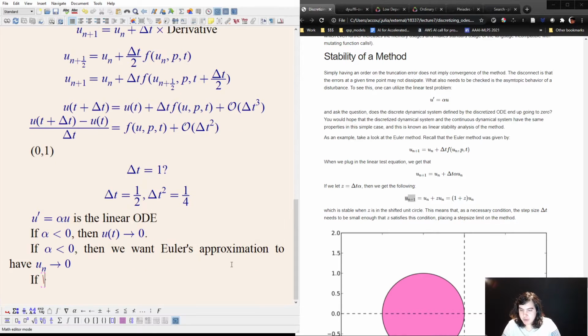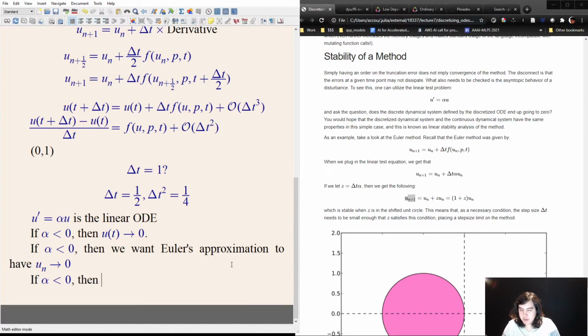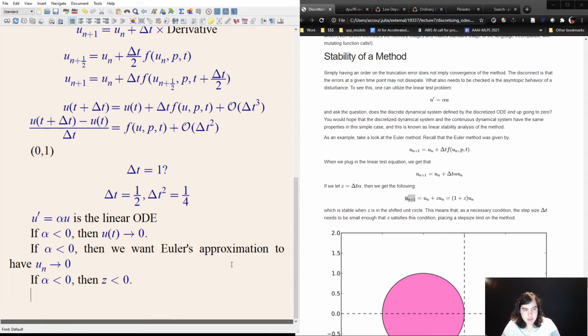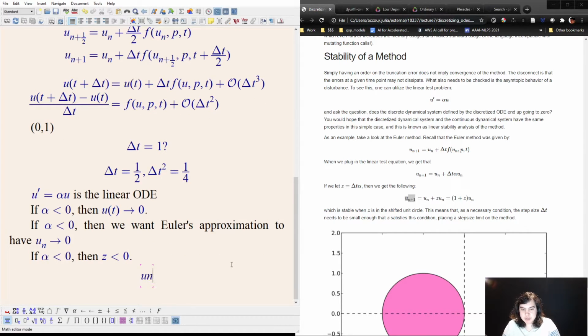If alpha is less than 0, then z is less than 0. Now this is Euler's method where we've defined one term: u_{n+1} = u_n + z u_n, which equals (1 + z) u_n. This is Euler's method.